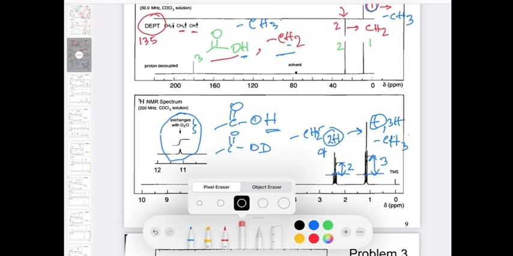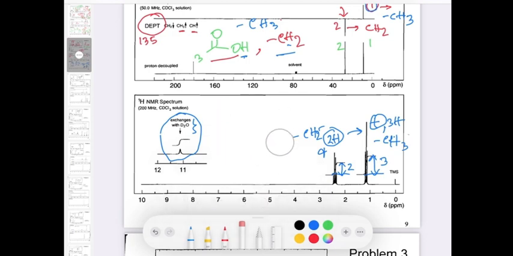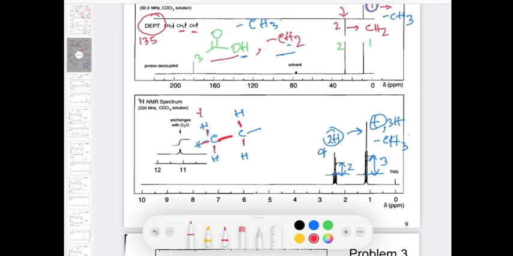Let's put all those pieces of information together, and then we can get the molecular structure. So first of all, we have a methyl group, definitely, that also has a neighboring methylene group, CH2. If you count 1 2 3 and 1 2 3, all those methyl hydrogens have two neighbors, so that's why it will give you a triplet in the proton.